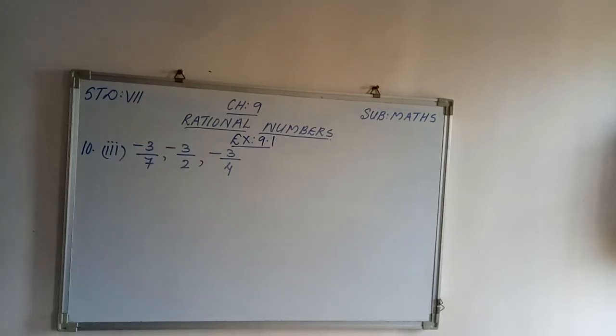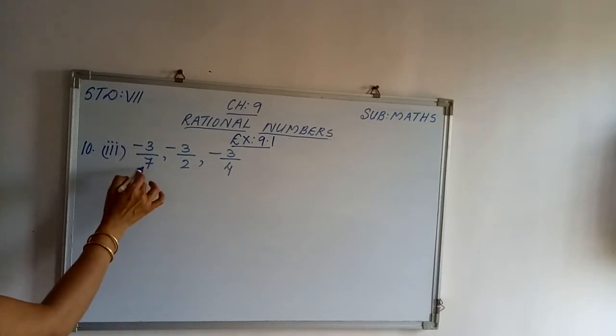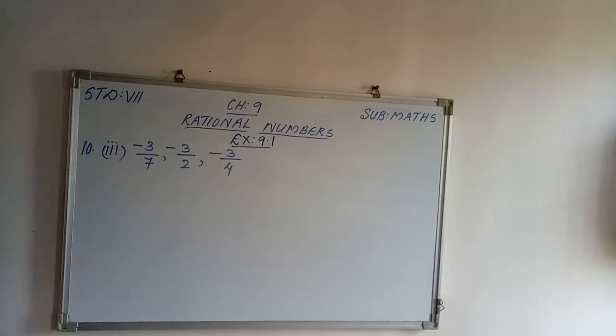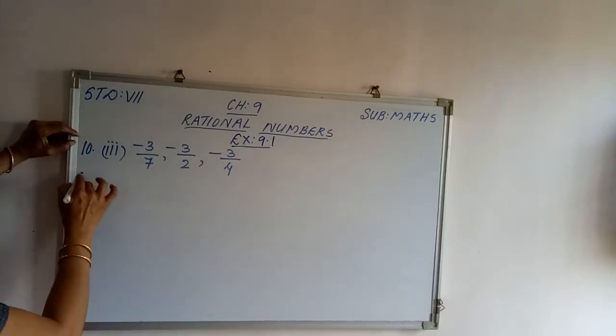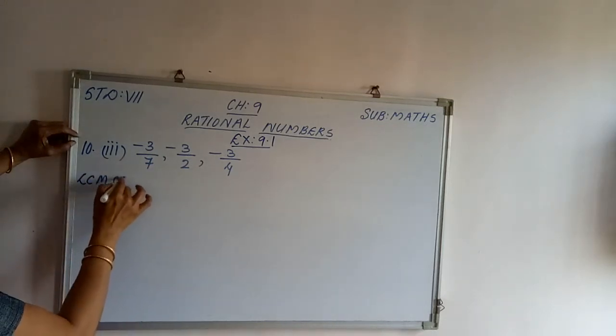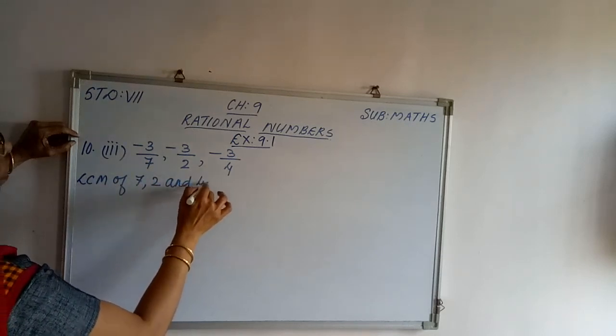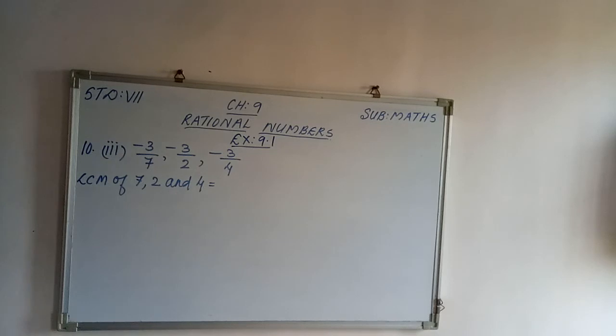Here, third question. Minus 3 upon 7, minus 3 upon 2, minus 3 upon 4. Then find out the LCM of 7, 2 and 4. LCM of 7, 2 and 4 is 28.